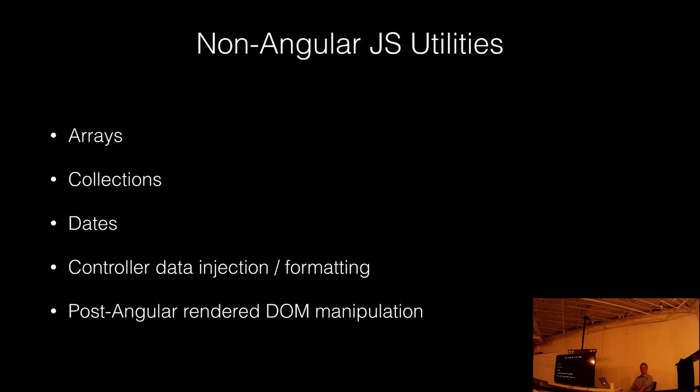I think it's important in any language, whether it's Java or JavaScript or ASP or whatever, that whenever you're using a particular framework, you pull as much as you can outside of that framework, so you're not too tightly coupled to it. So I wrote some array utilities, collection utilities, date utilities.